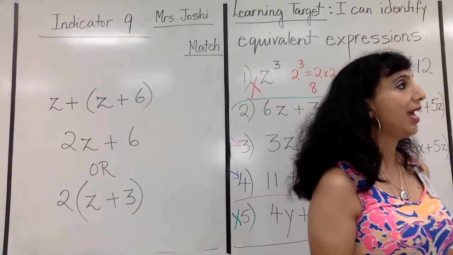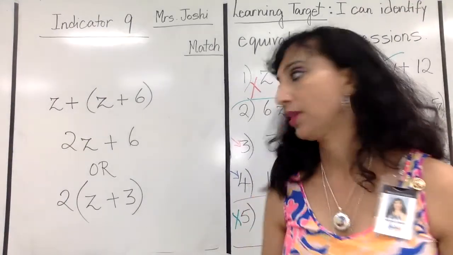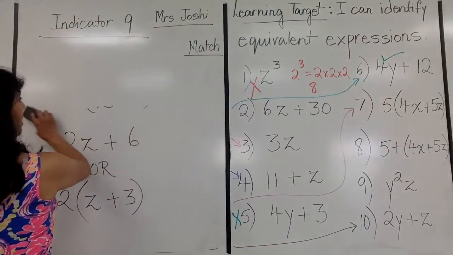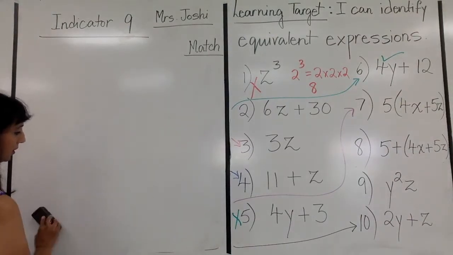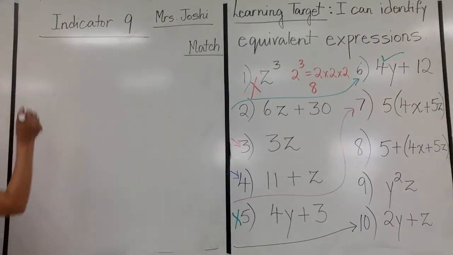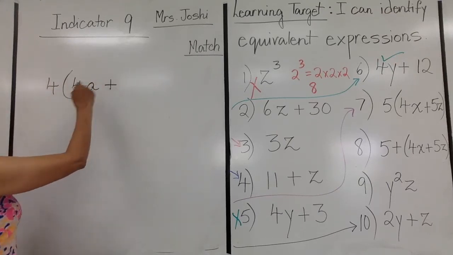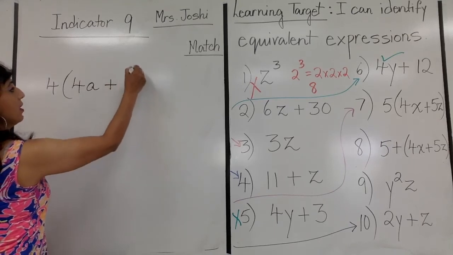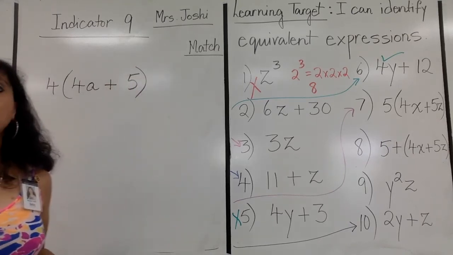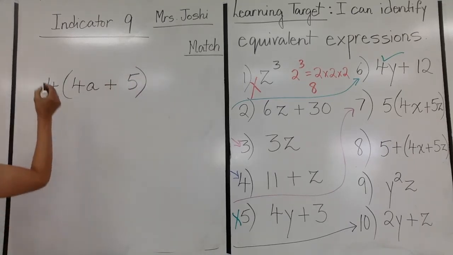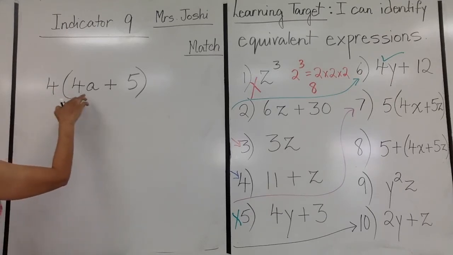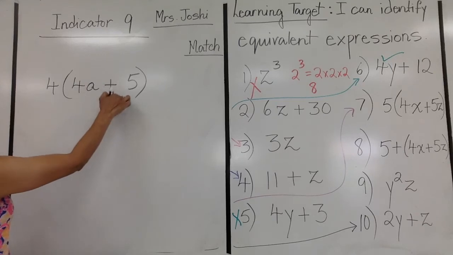Let's do one last one. If I have 4 times the quantity 4a plus 5, this is exactly what distributive property is. In this case, there's no addition outside. That means this number outside is multiplied with each term inside.